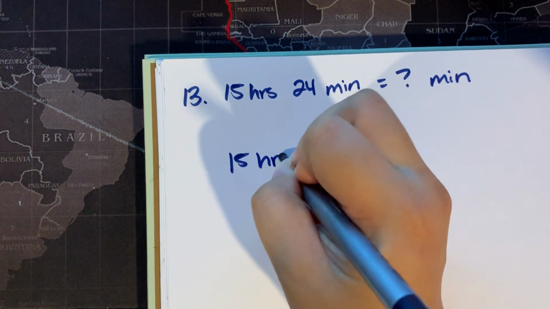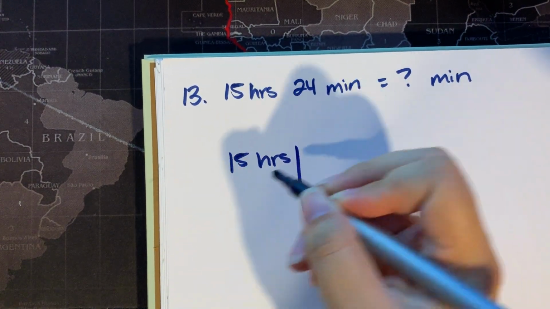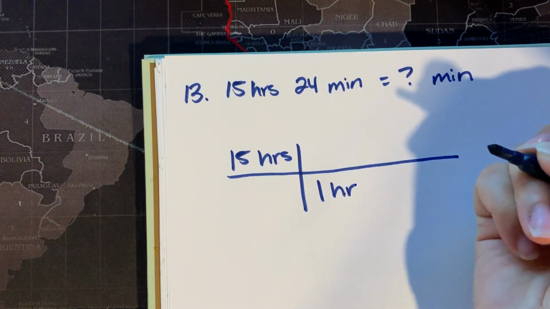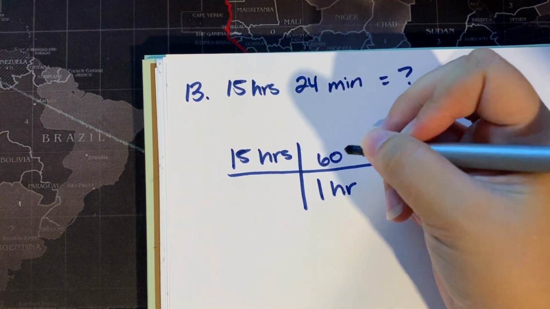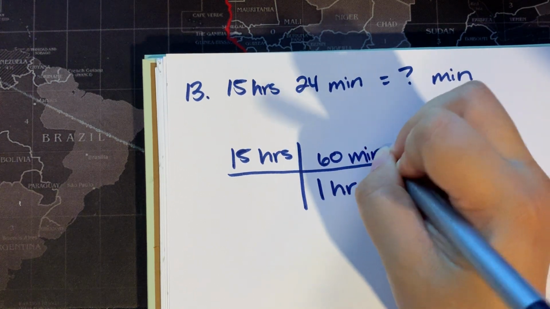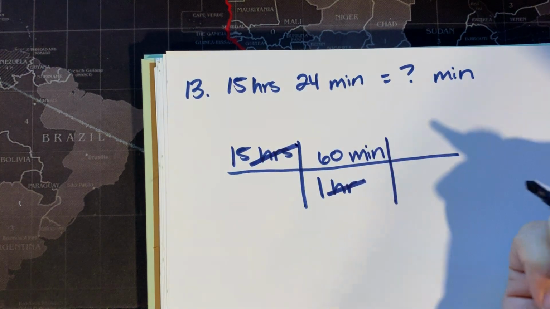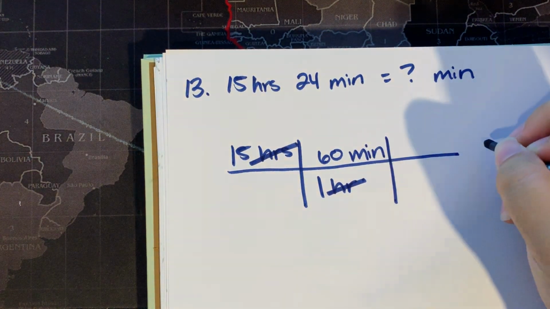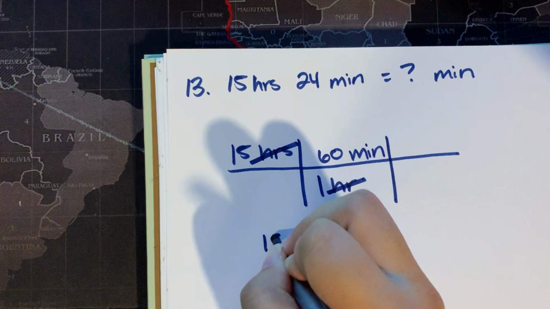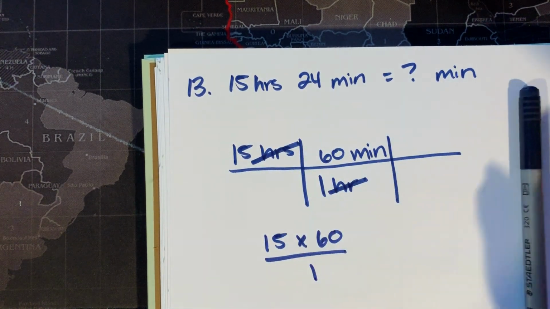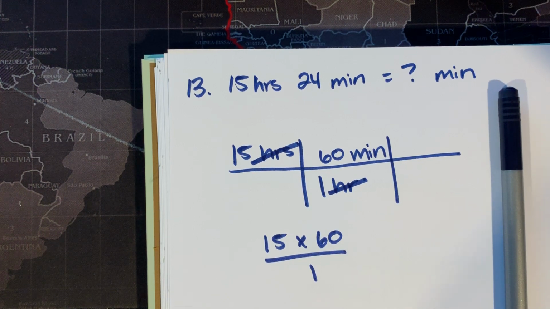So you have 15 hours, and 1 hour has 60 minutes. Your hours cancel out, and you're left with 15 times 60 divided by 1. Easy as that. Put that into your calculator.